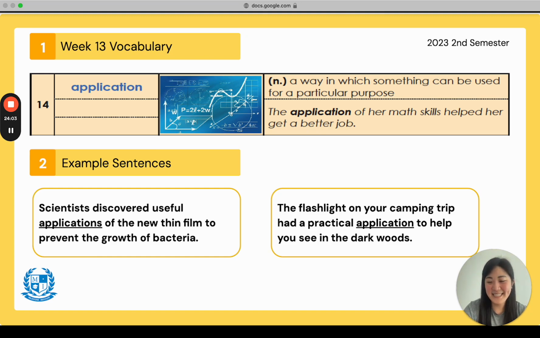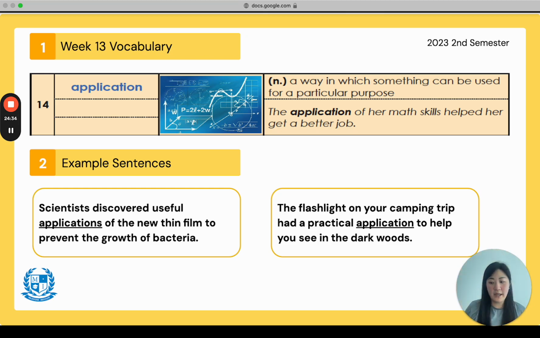Very good. Example 1. It says, scientists discovered useful applications of the new thin film to prevent the growth of bacteria. I also got this from your TED Talks. So remember, in our TED Talks, scientists were able to use biomimicry and take the shark's skin or scales and figure out a way to use that same structure for this thin film that prevents the growth of bacteria.